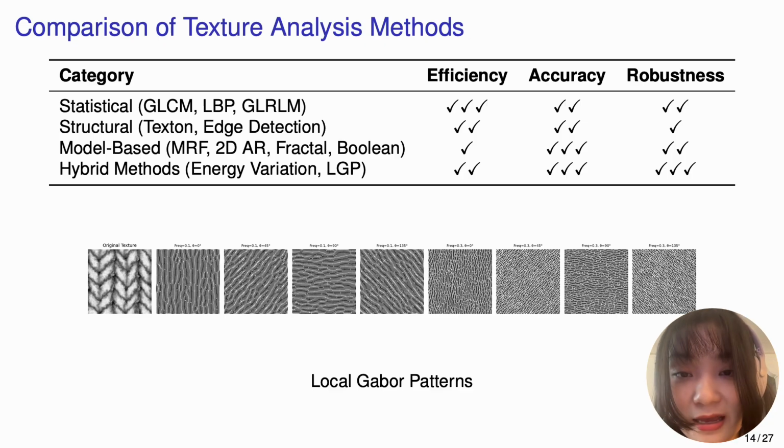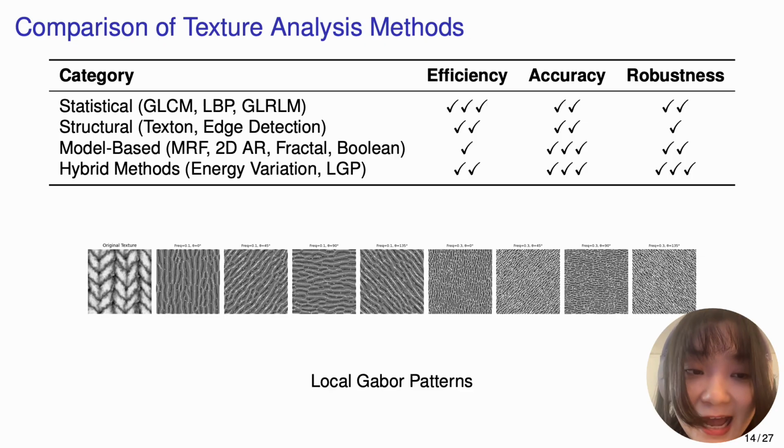Structural methods are not so efficient, not so accurate, and not robust at all because they cannot deal with irregular textures. Model-based methods like Markov random field, 2D autoregression, fractal model, and Boolean model are not efficient at all, but they can improve the accuracy and they are robust.